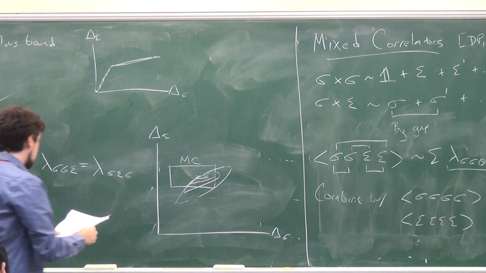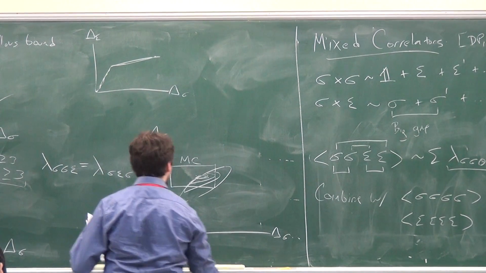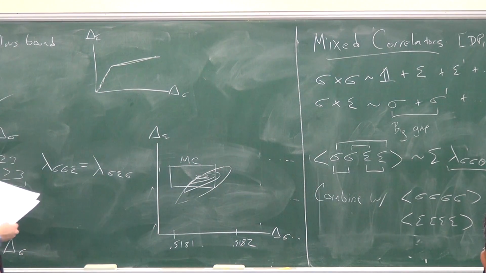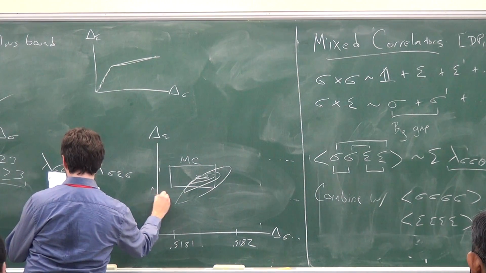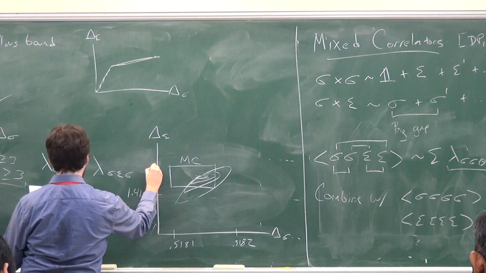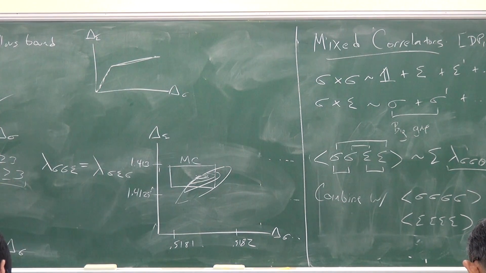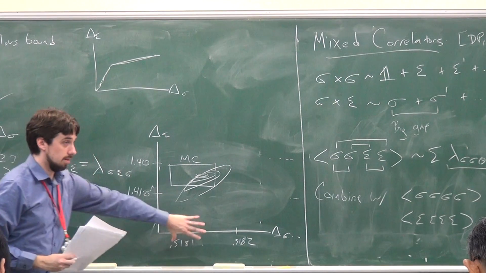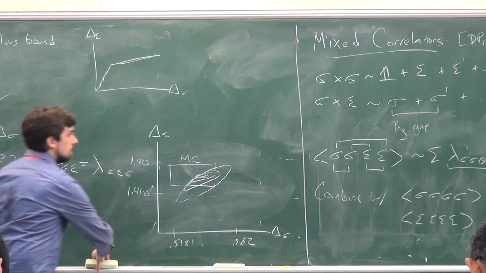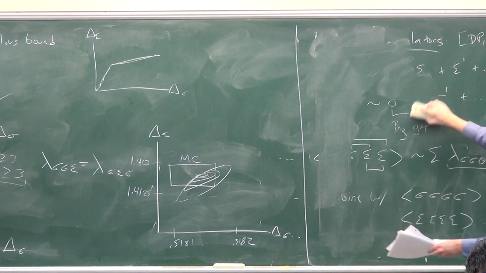So to give you a sense of the numbers, this is like 0.5181 to 0.5182. On this side, 1.4125 to 1.413. So these are very, very precise determinations. Is this clear? What we've done?